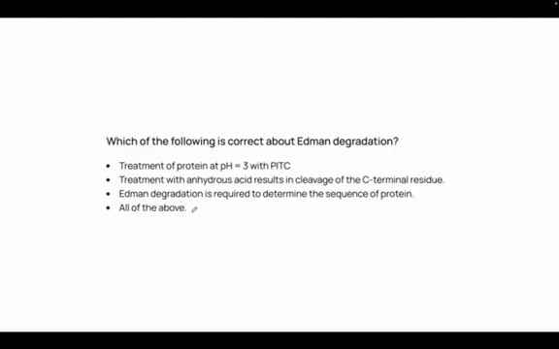Okay. Which of the following is correct about Edman degradation? Treatment of protein at pH 3 with PITC is correct. Treatment with anhydrous acid results in the cleavage of the C-terminal residue. This is not correct. Edman degradation is required to determine the sequence of the protein. So, I mean, it's not required.